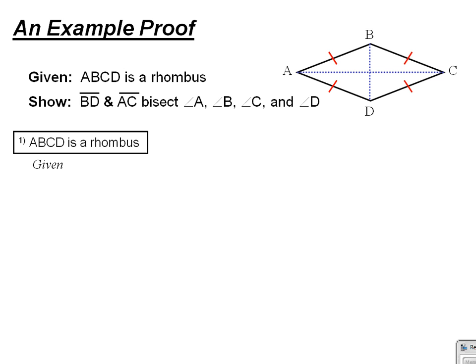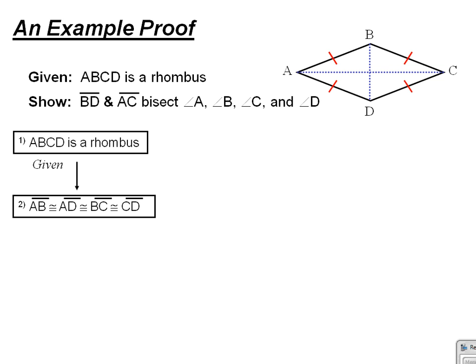Now, from that fact, we can conclude that segment AB is congruent to segment AD, is congruent to segment BC, is congruent to segment CD. Why? Well, think back for a moment about rhombuses. Rhombuses are parallelograms that have all four sides congruent.